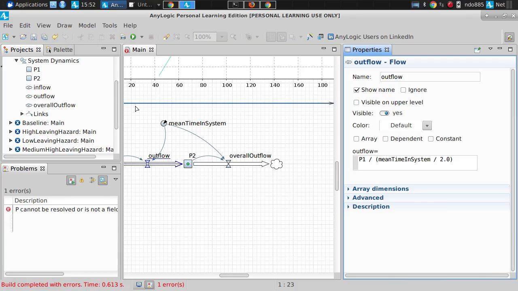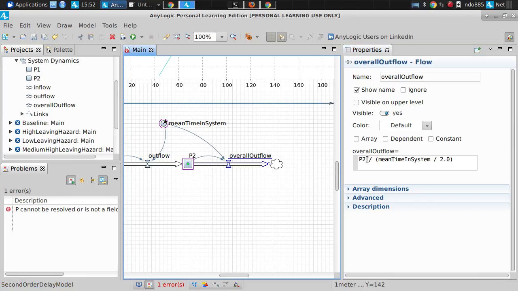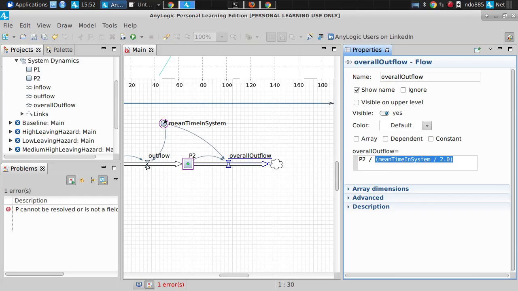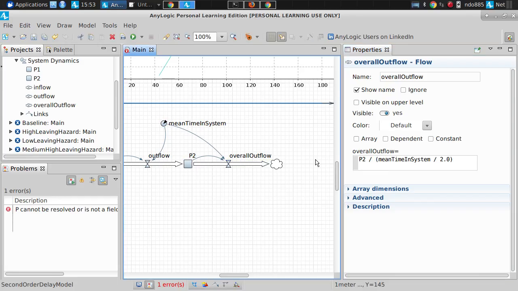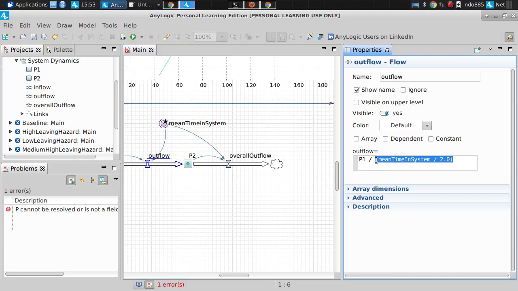Okay, we're getting closer. The final thing we have to correct, so again, this is mean P, so this is the average time they'll spend in this stock, and similarly for this guy, it's the average time they will spend in this stock as mean time in system divided by 2.